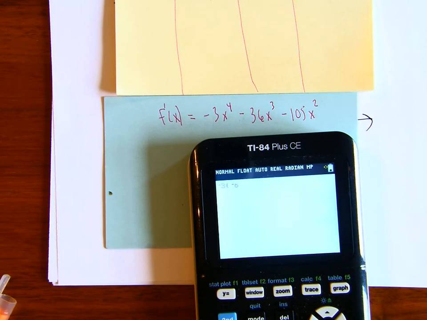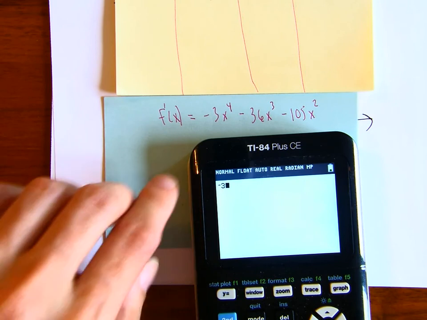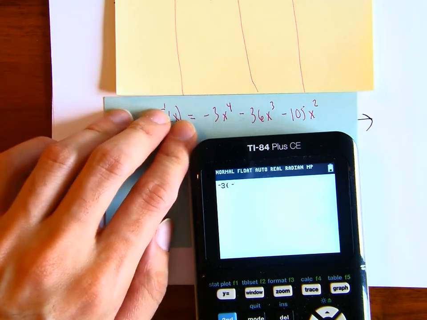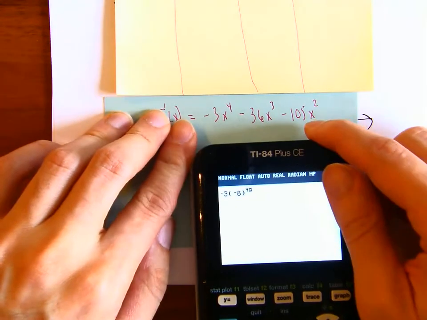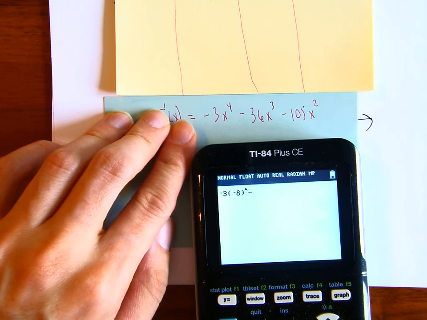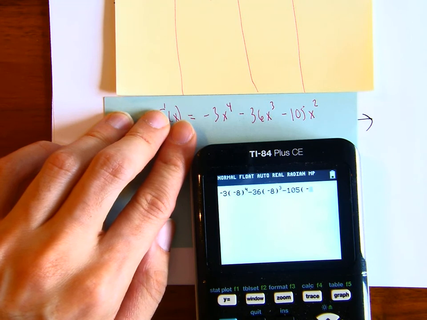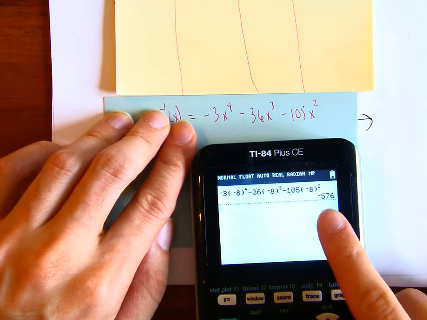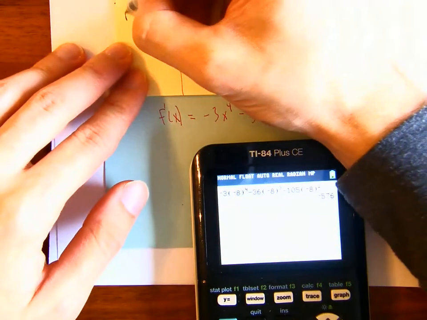Negative 3 parentheses, negative 8 to the 4th, minus 36 parentheses negative 8 cubed, minus 105 parentheses negative 8 squared. Boom. Notice that I don't care what the number is, I care if it's positive or negative. So notice that this is negative.